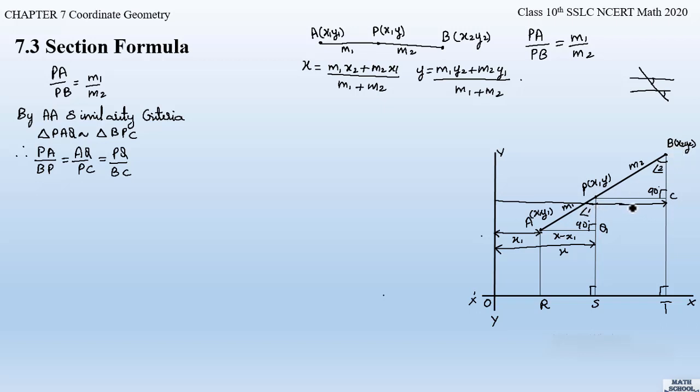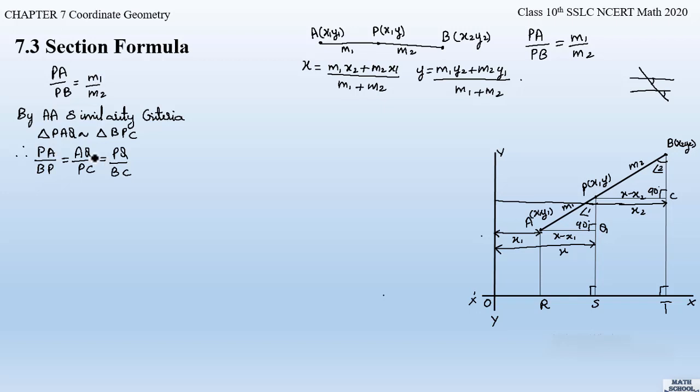So this distance will be x2. To find PC, we take the distance from the origin to P minus the distance from the origin to C. So PC will be x minus x2.